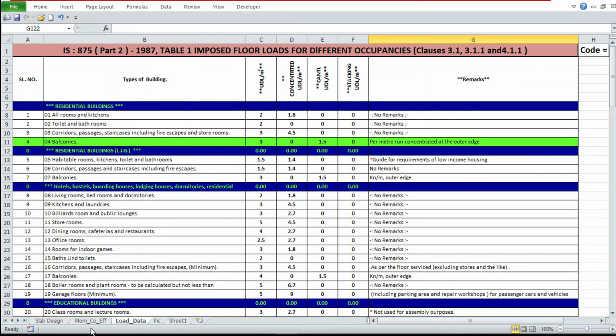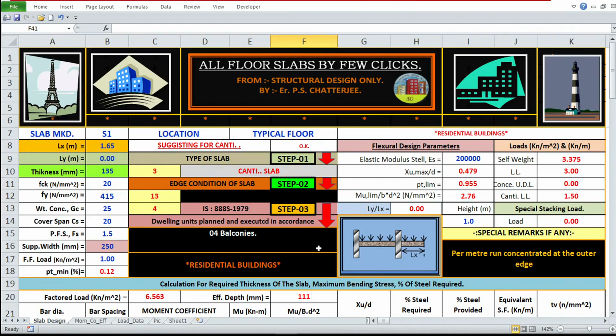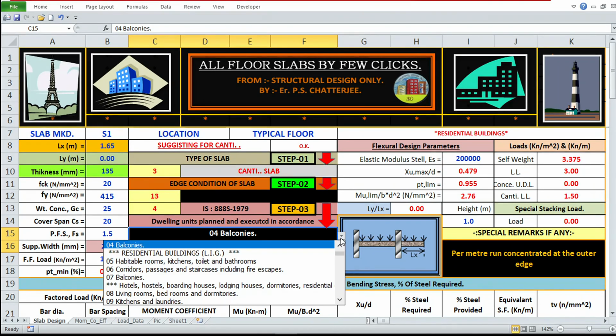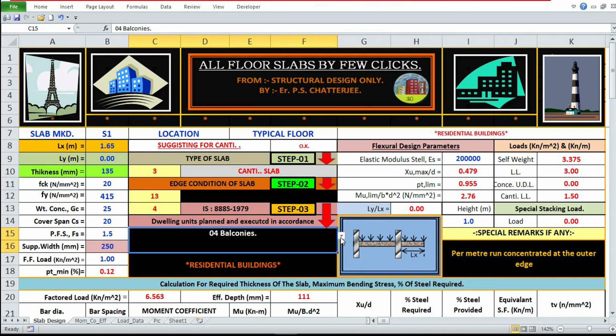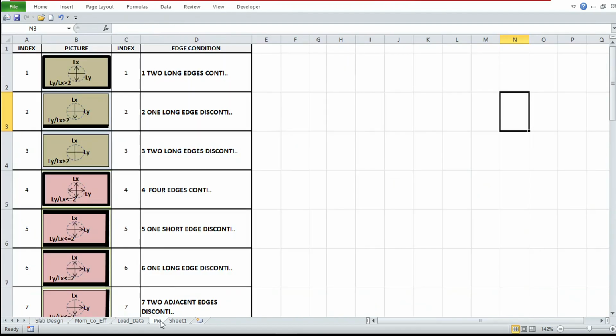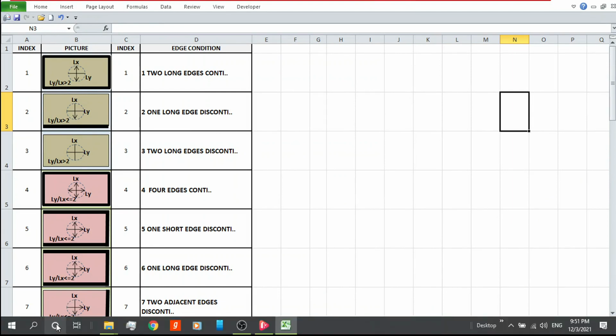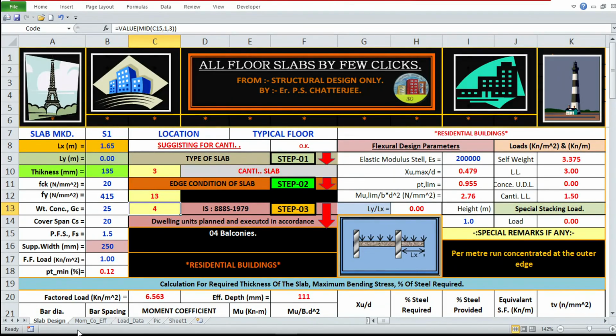And in slab design, according to this, the load is coming here. It is a code operated system. This is picture data and this is edge condition. This is the slab, picture of the slab. And that's all about my all floor slab by few clicks.